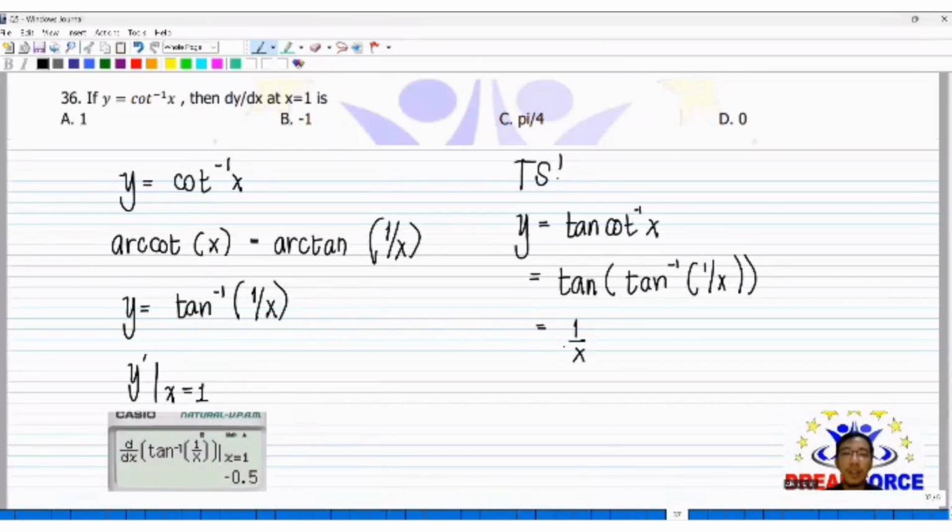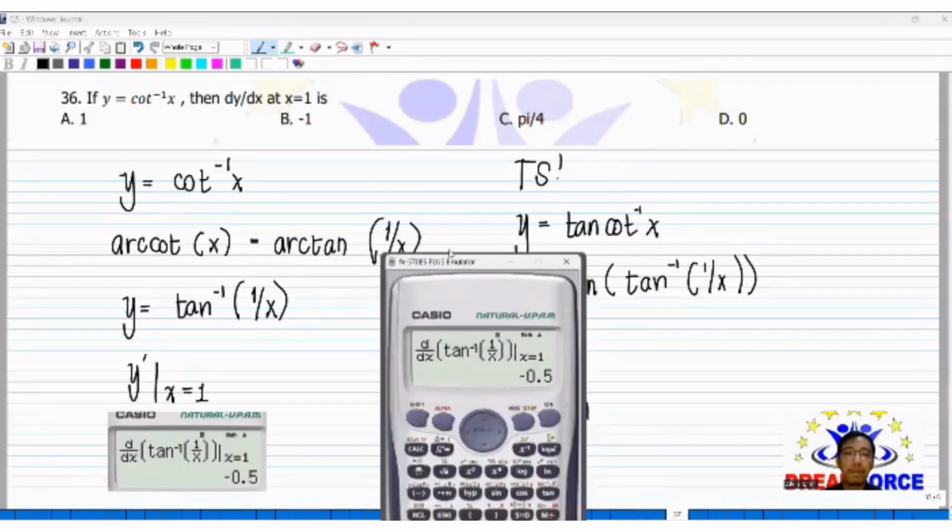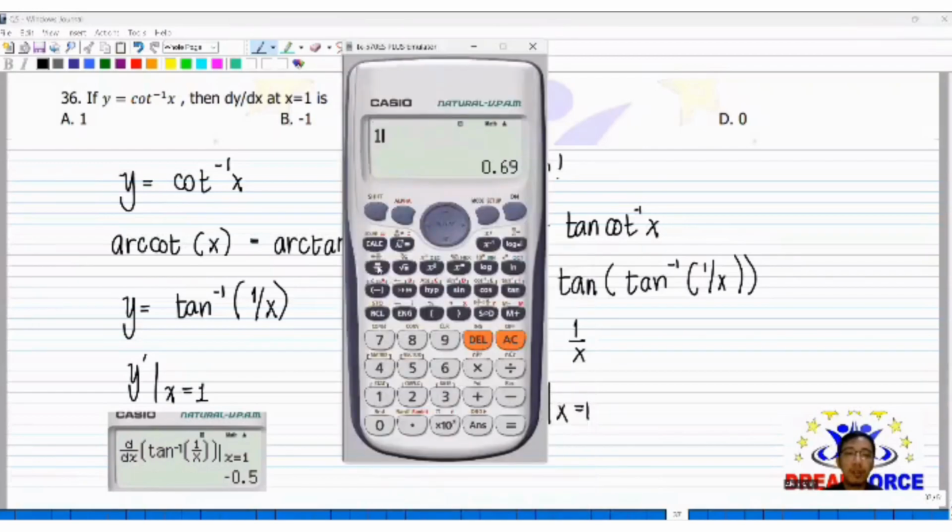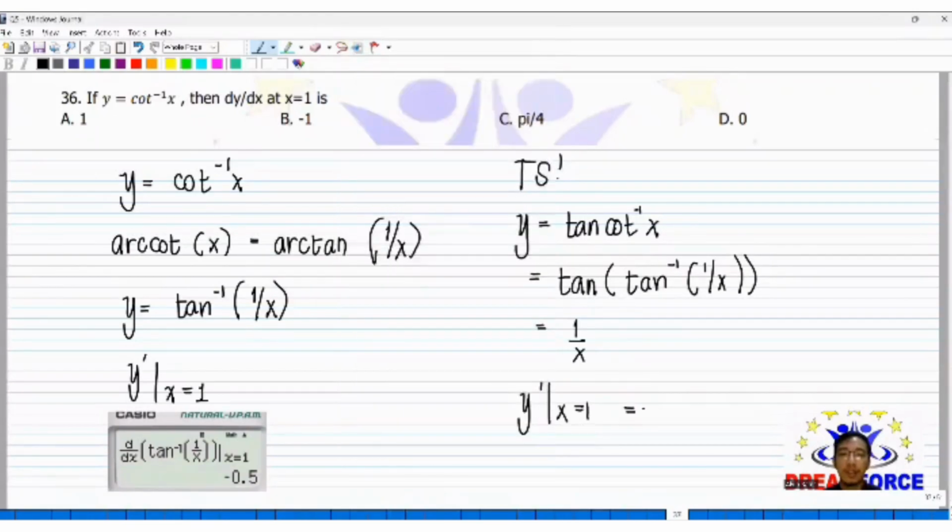O, ano ba ang derivative ng 1 over x with respect to x na equal to 1? So, derivative ng 1 over x at x equals 1, negative 1. So, the answer here is letter B. Nakuha, tangent of inverse tangent will cancel.